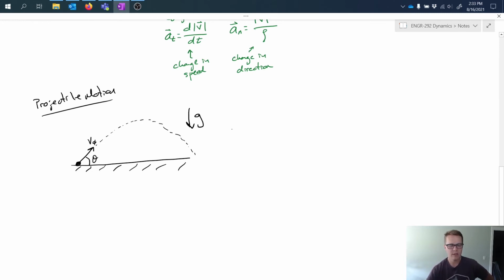So previously we talked about constant acceleration and constant velocity simplifications for motion. And what we can see here, I should probably define x and y.